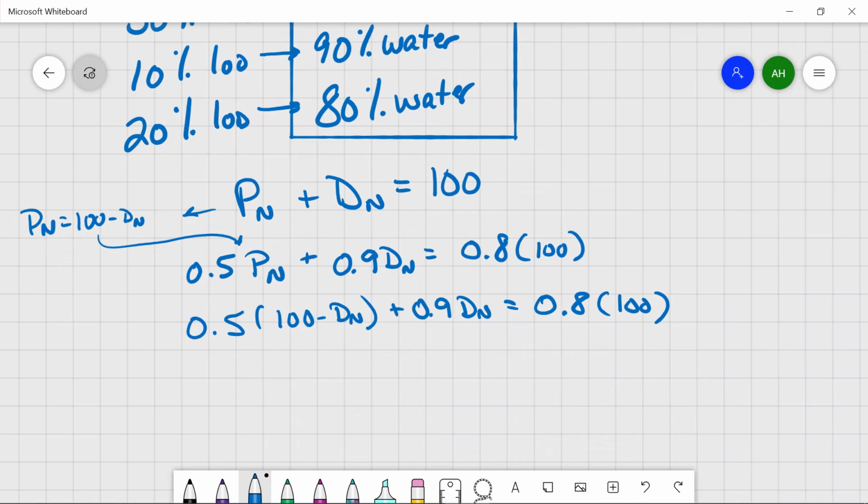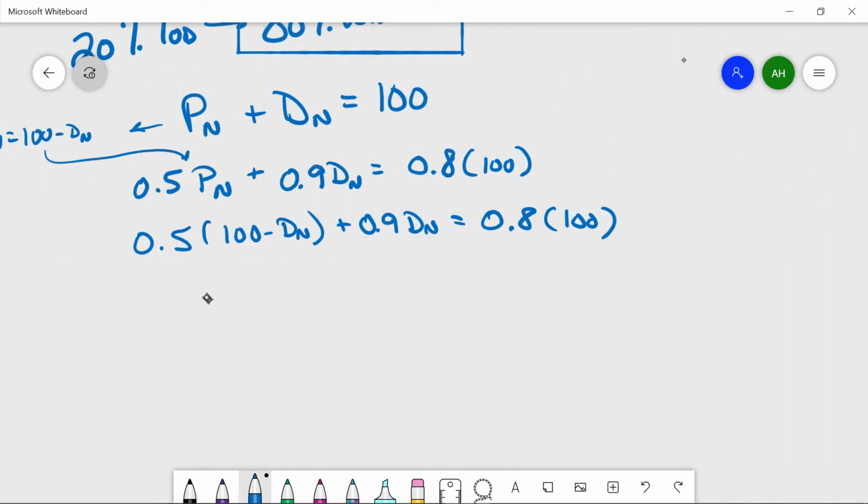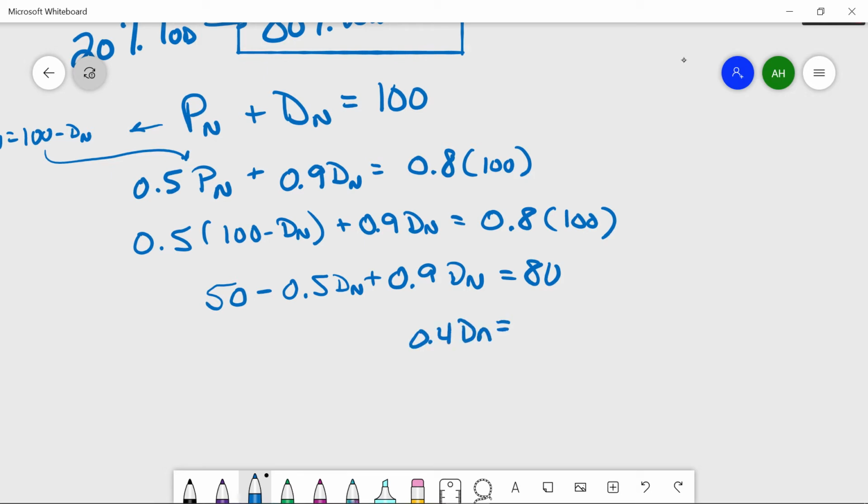Okay? Let's go ahead and distribute those, and we're going to get 50 minus 0.5 dN plus 0.9 dN equals 80. As we combine everything around, we're going to get 0.4 dN equals 30.